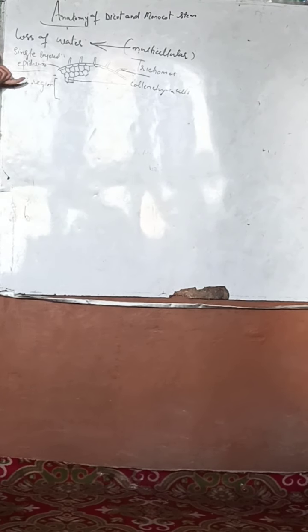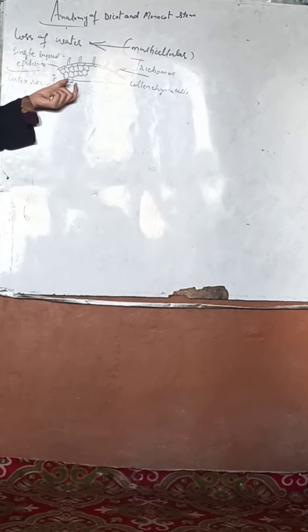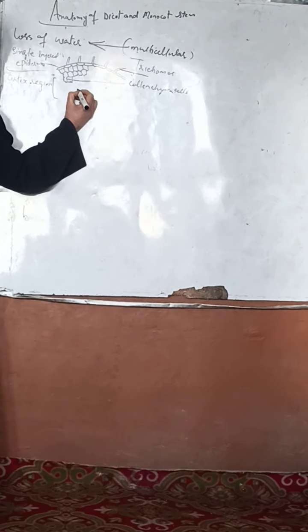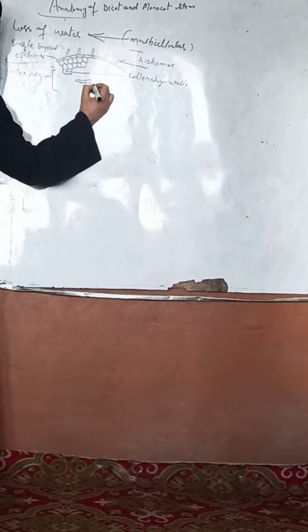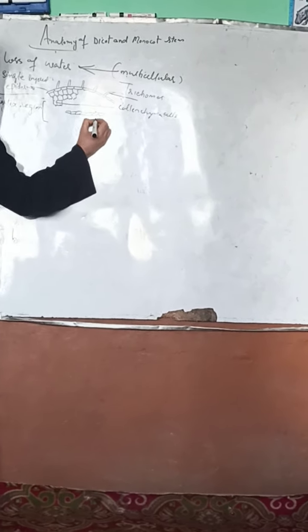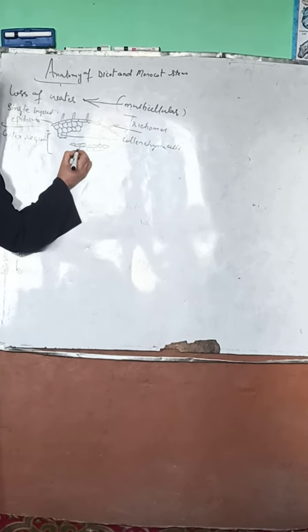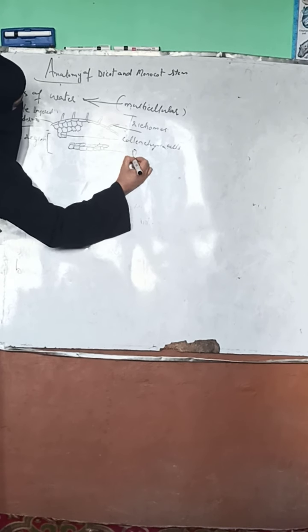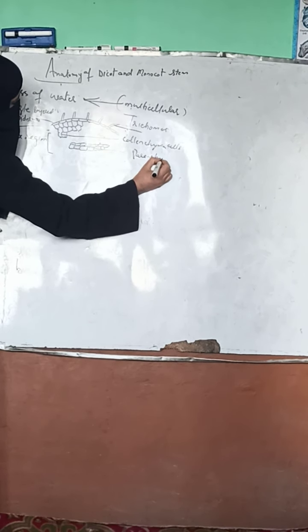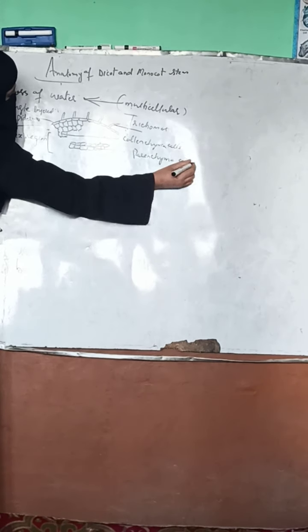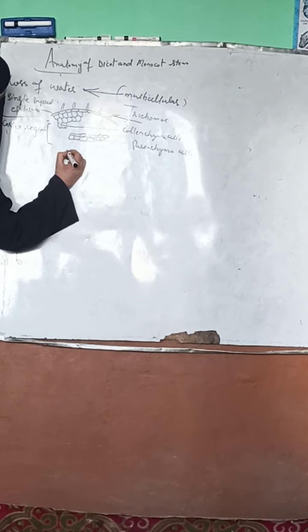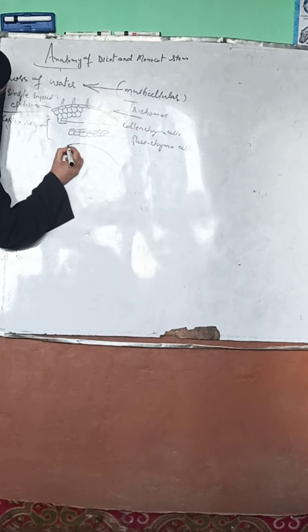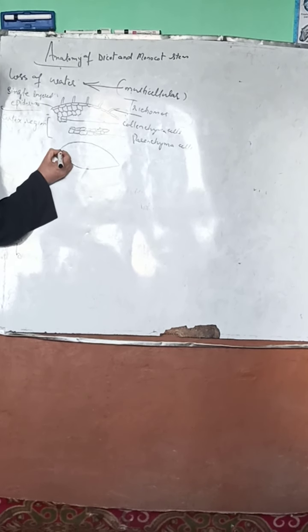We know that below the epidermis there are collenchyma cells, and after that we have parenchyma cells. And then there is the layer of endodermis.